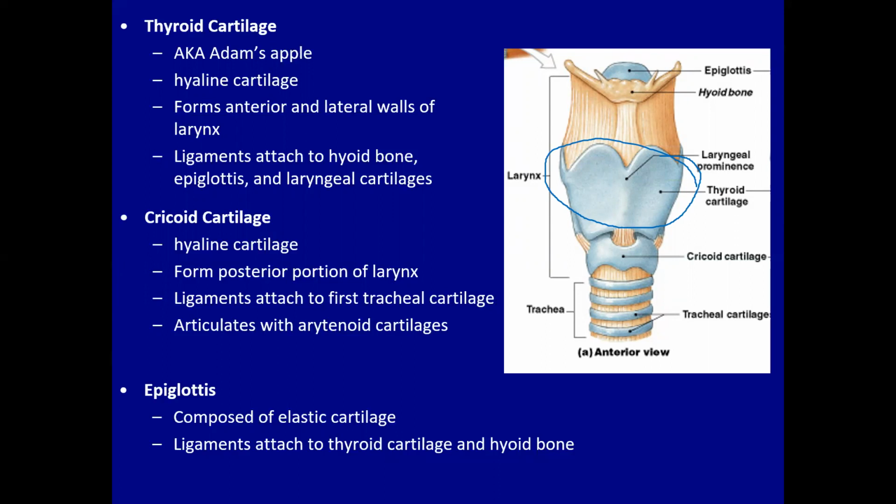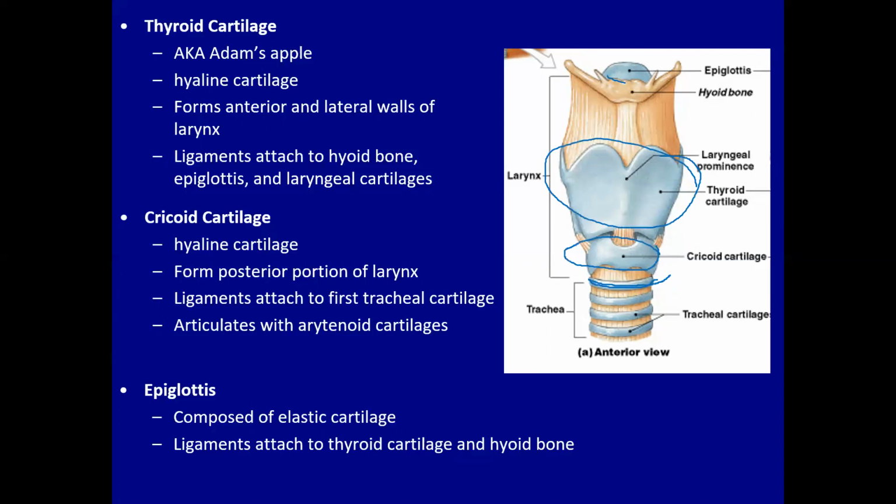Ligaments are going to attach to your epiglottis and to your hyoid bone and to laryngeal cartilages. The cricoid cartilage is directly underneath it. It forms the posterior portion of your larynx, and it articulates with arytenoid cartilages and the very first tracheal cartilage right here.